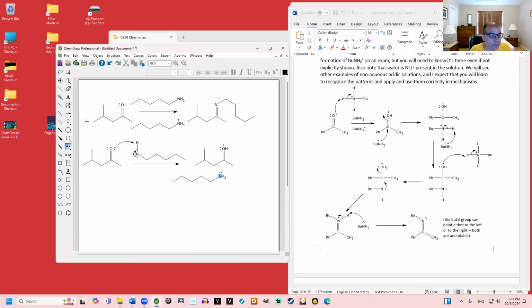Need a lone pair on that nitrogen. That nucleophile attacks the carbonyl carbon. We break the carbon-oxygen pi bond.